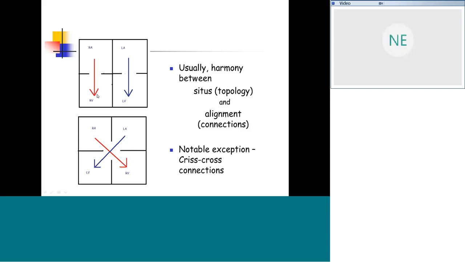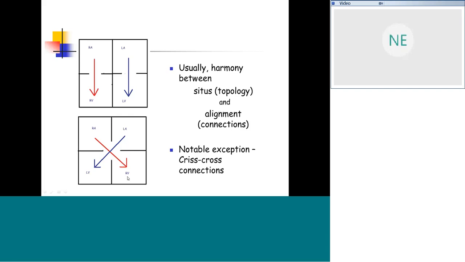But in crisscross heart, what happens? Even if it is L-looped ventricles with situs solitus, I can still have atrioventricular concordance because the hemodynamics is concordant. The right atrium is draining into the right ventricle because the valve across it, the tricuspid valve, is diverting the flow to the correct ventricle morphologically, but situated in the other direction.